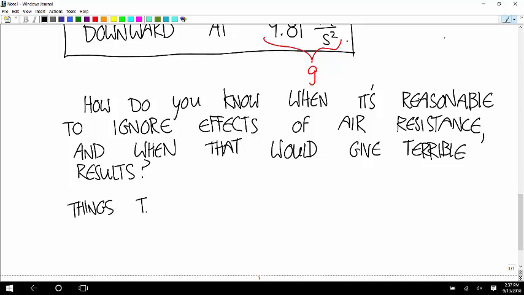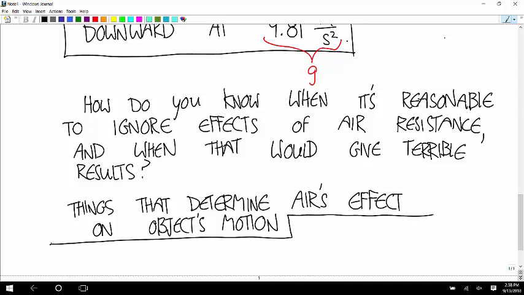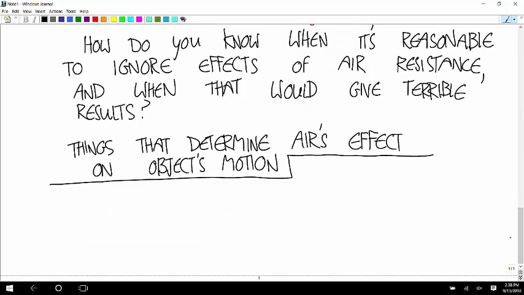So here are the things that determine air's effect on the object's motion. The first thing is the mass of the object.